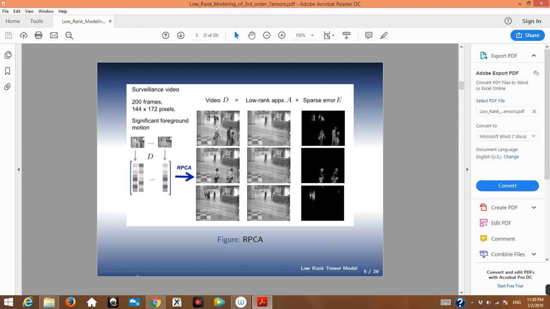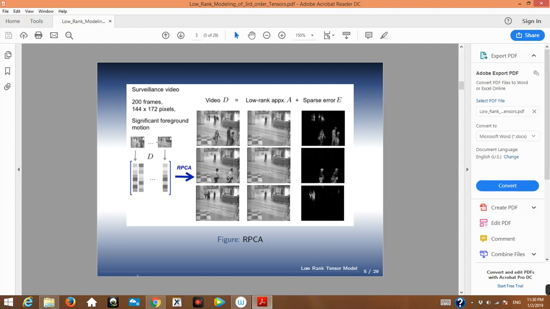Those persons can be considered as sparse error in this image, and the background of this image is symmetric. That is, the background is a low-rank matrix.